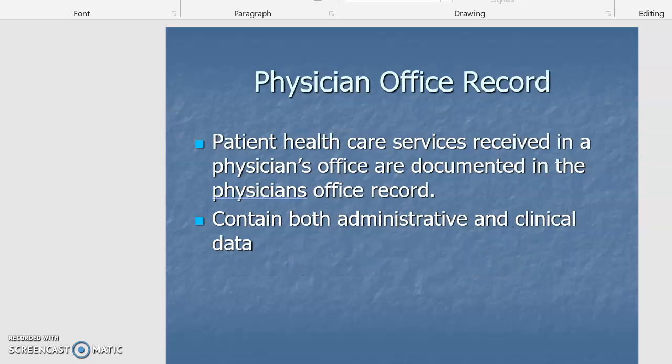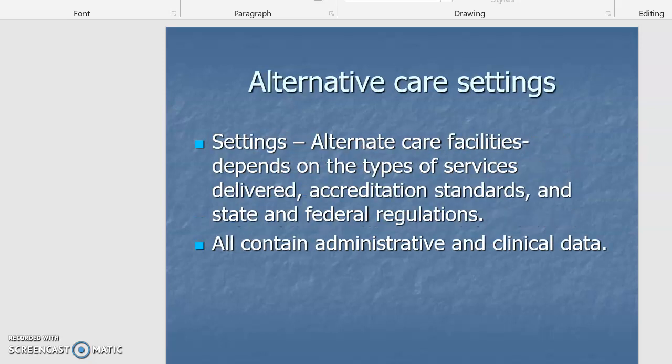Then we go into the physician office. With the physician office, this is when you go to see the doctor. The patient health care services received in a physician office are documented in that record. These again contain both administrative and clinical data. And then we have alternative care settings. It depends on the type of services, accreditation standards, and state and federal regulations.